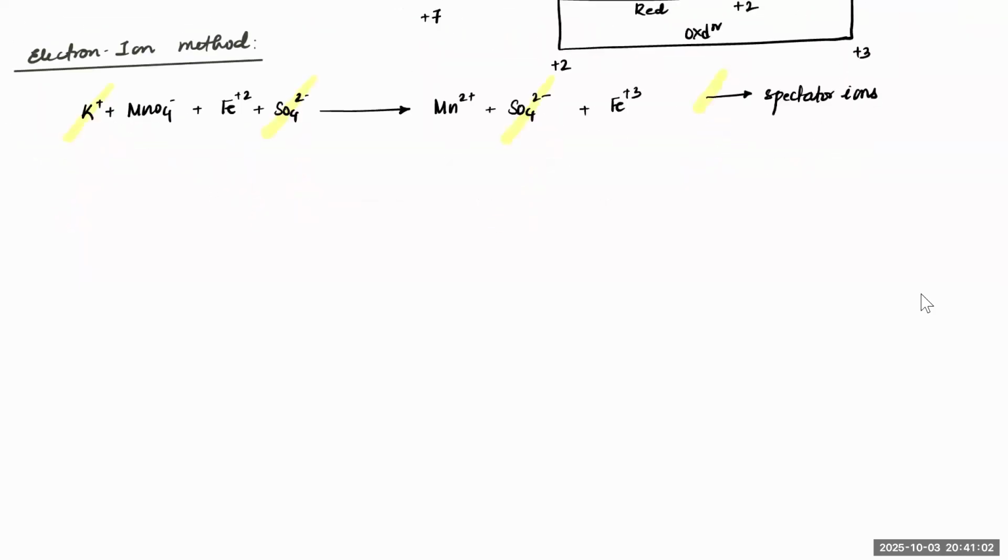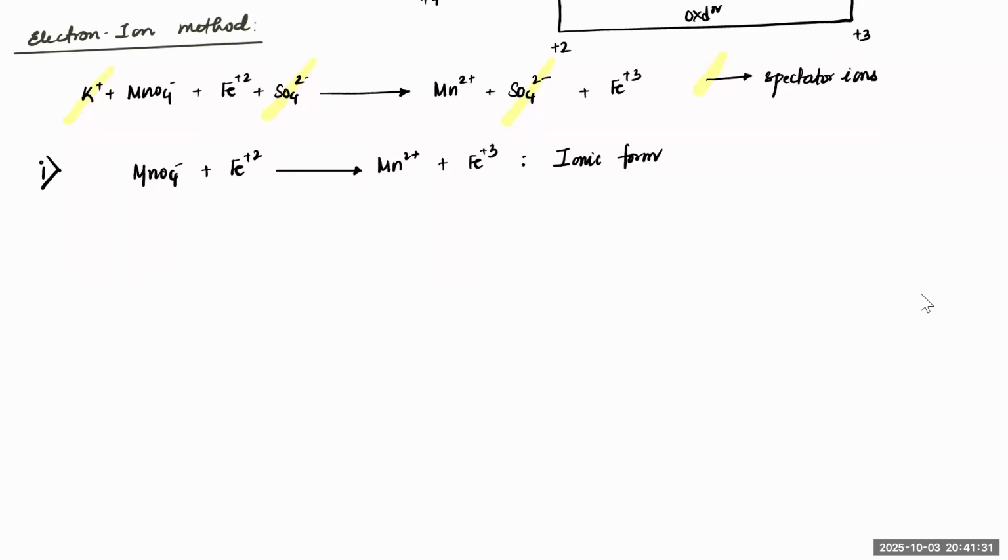What is left now? We'll have MnO4 minus plus Fe plus 2 giving Mn2 plus plus Fe plus 3. This form which you write is called the ionic form. This is the first step that you need to do. Always write the ionic form.